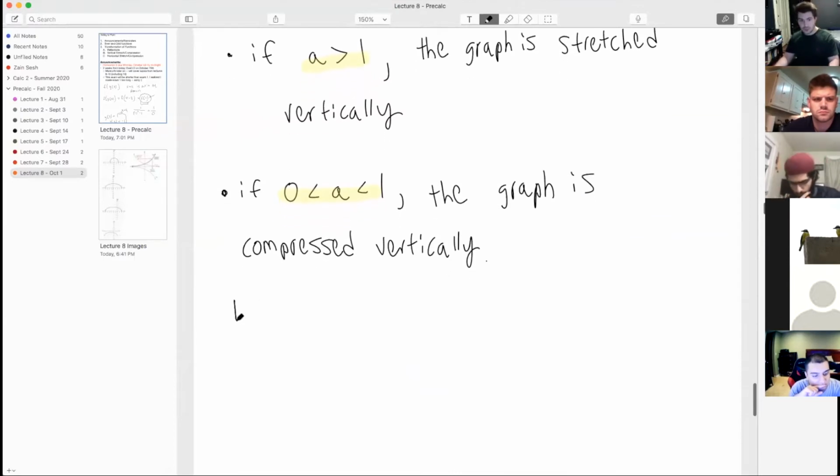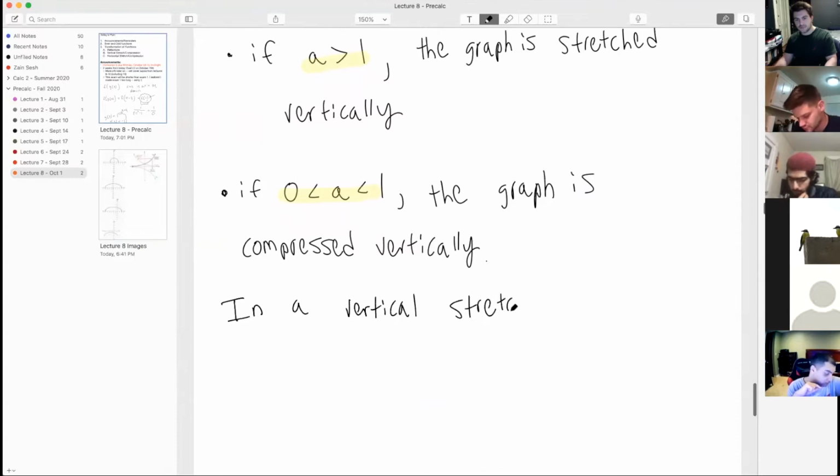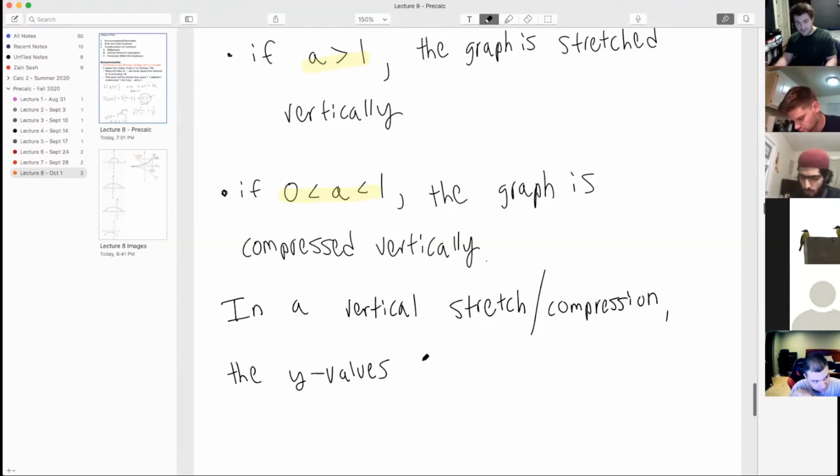Okay, so in a vertical stretch/compression, the y values get multiplied by a.